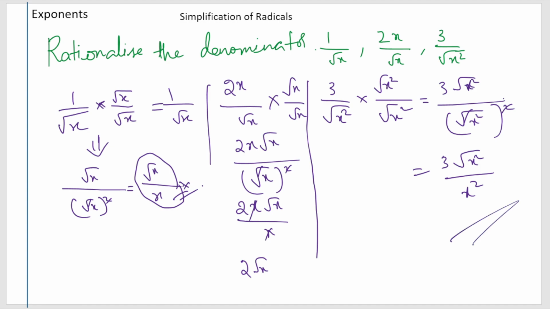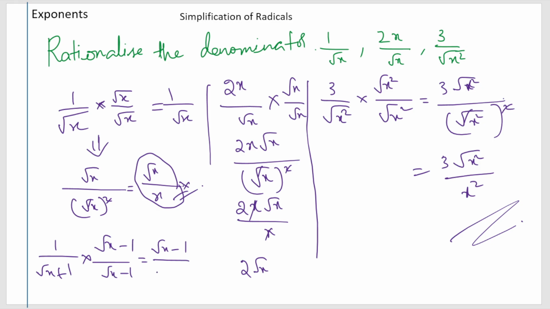Fine. We also have rationalizations like 1 by root x plus 1. To rationalize this, we multiply by root x minus 1 by root x minus 1. I'm just telling you a sample, no need to go deep in this. We'll discuss this in further lectures. See, we have the formula for a plus b into a minus b.